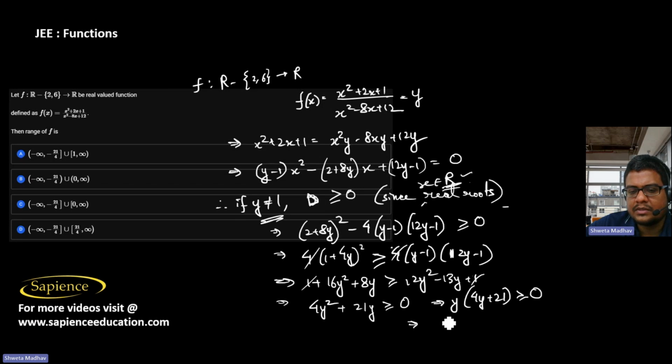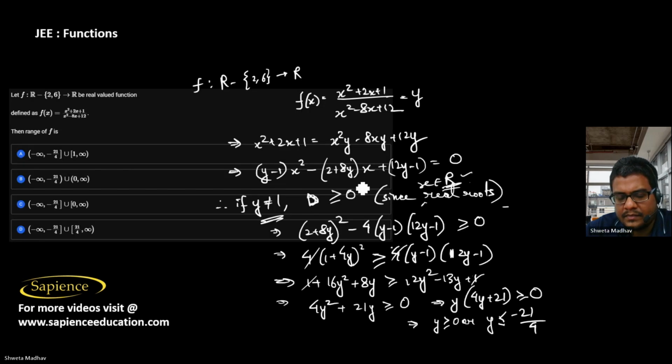So from here we can say that y should be either greater than or equal to 0, or y should be less than or equal to minus 21 by 4, and y should not be equal to 1. So therefore y belongs to minus infinity to minus 21 by 4 union 0 to infinity, excluding 1.